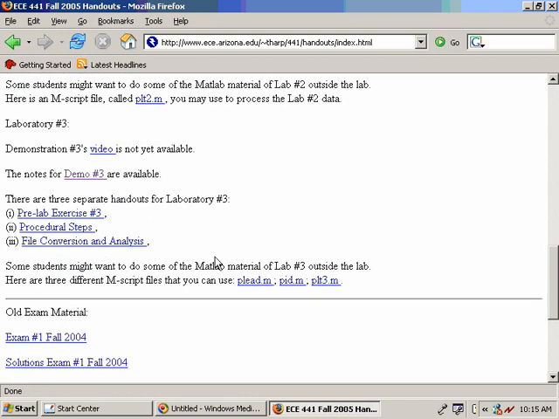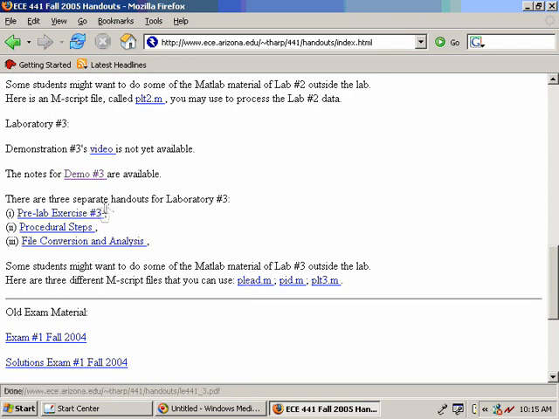And in the process of this lab, we will actually be implementing quite a few MATLAB commands or scripts, and those are also available for download, and you can then put those in the appropriate working directory of MATLAB and execute those M scripts to help you do your controller designs required in lab number 3.